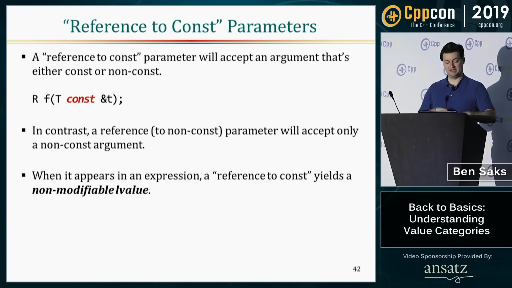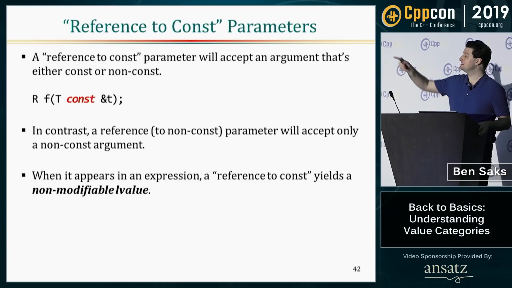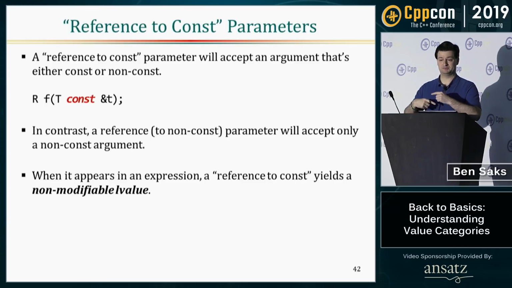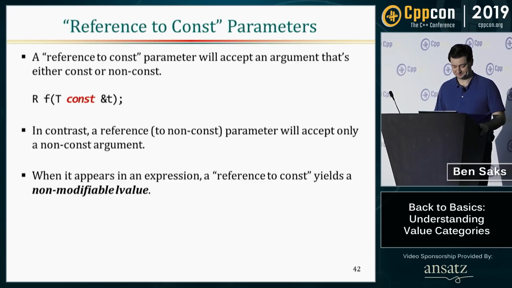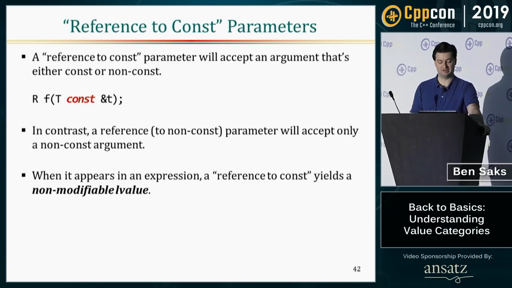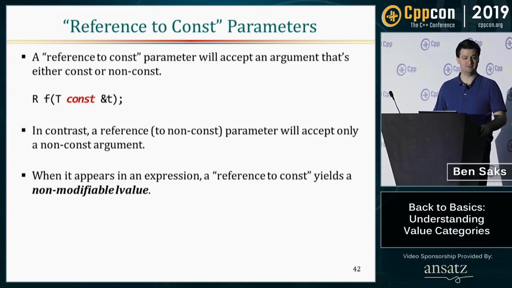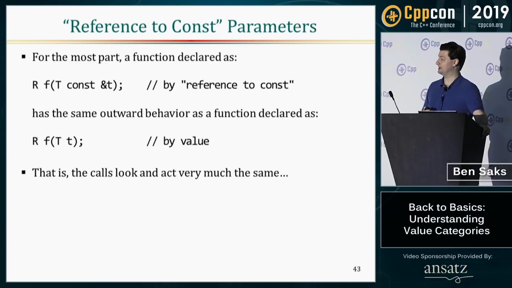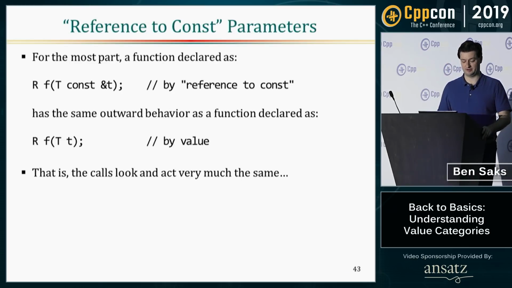So in this case, this function would accept any T object, whether it was constant or non-constant. Inside the function f, it would be a reference to const, and it would behave like a non-modifiable lvalue. Something that has an address, but I can't change the value there.